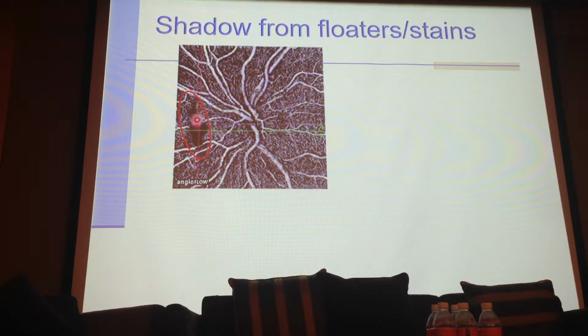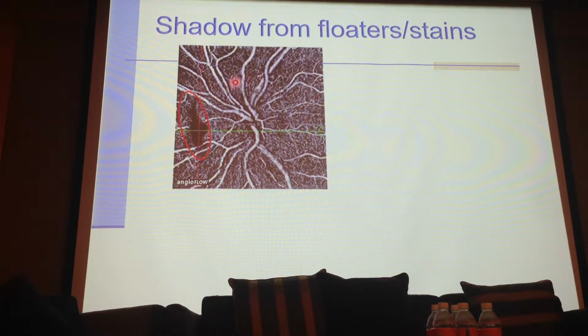So how about this? Look at here. We have many cases shown for neuropathies or glaucomas, and this is a very nice image. You can see the RPC very well, but here is a defect of the blood flow. Is it dropout of the capillaries or something else?